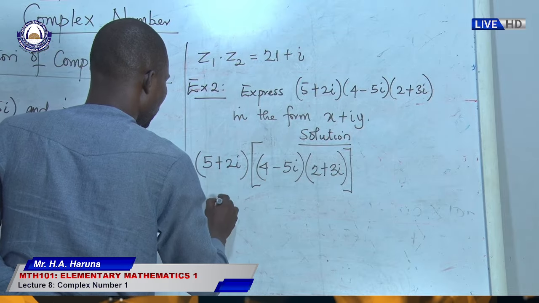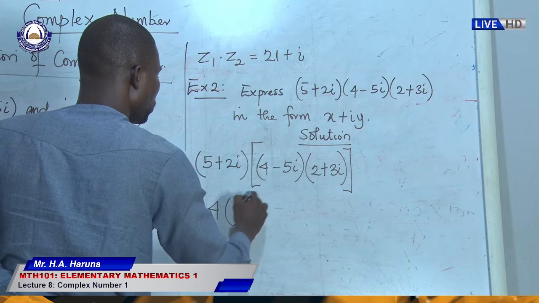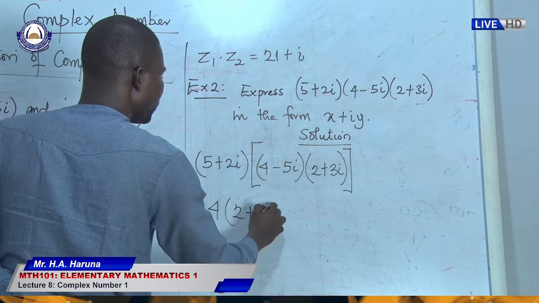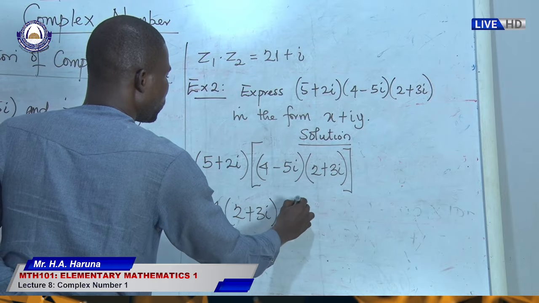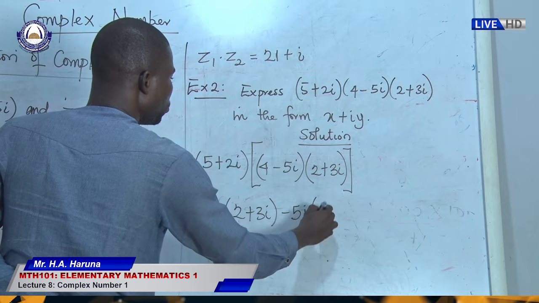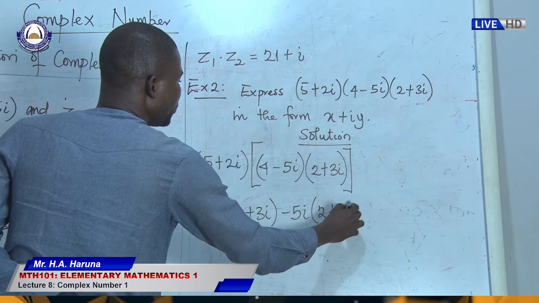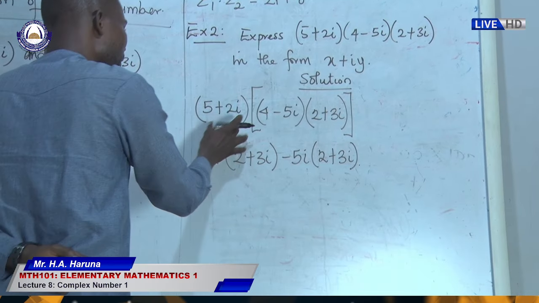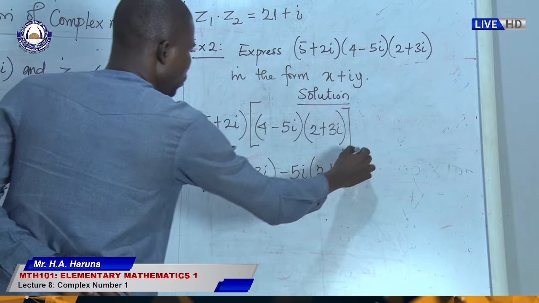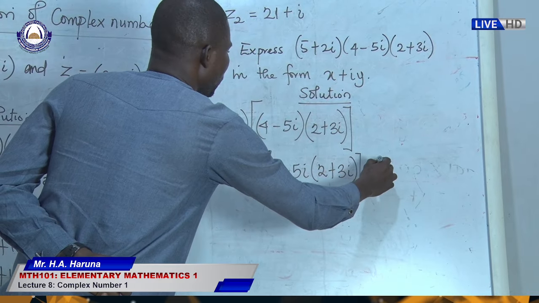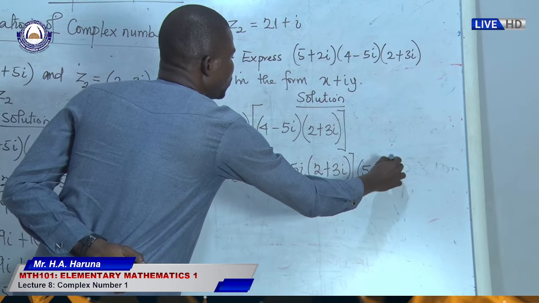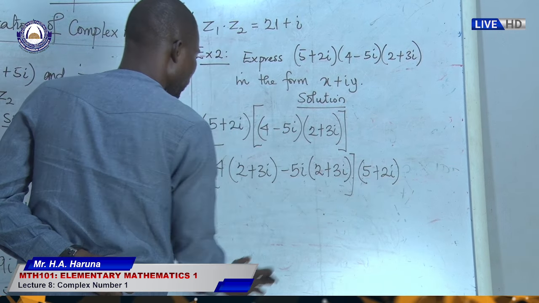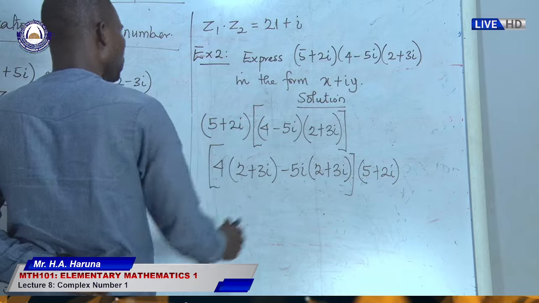Let's now operate this. 4 into 2 plus 3i, then minus 5i into 2 plus 3i. Remember that we still have the whole of this here. So you can bring it here and say 5 plus 2i. So that you will keep it and remember, you will not forget to multiply it.